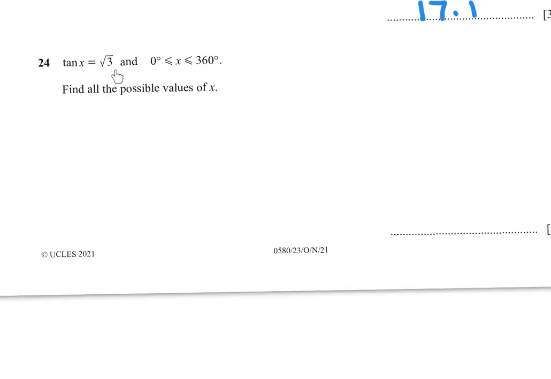24. Tan x equals root 3 and x is greater than or equal to 0 and less than or equal to 360. Find all possible values for x. So now find the acute angle first. Tan inverse of root 3 equals 60 degrees. Now, tan is positive in which quadrant?